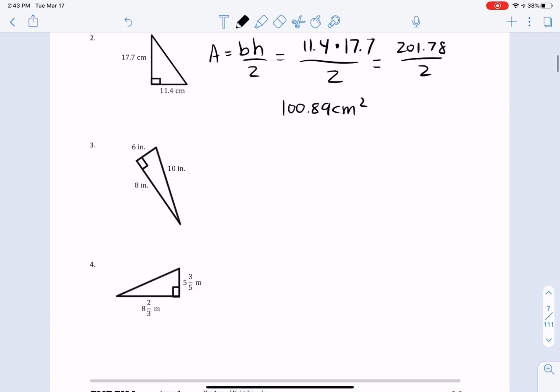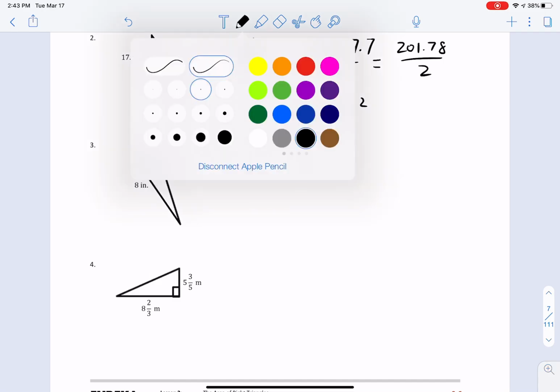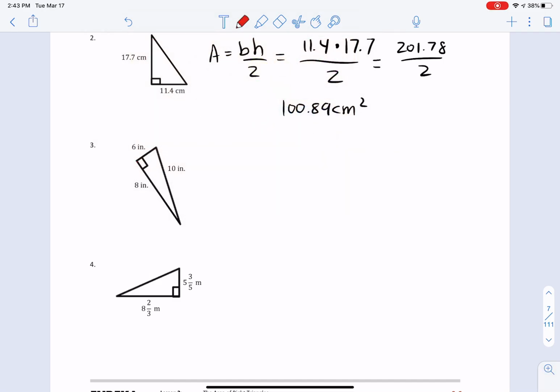Number 3, this one looks a little tricky, but remember, when we have our shapes, they could be in any direction. There's no restriction. So identifying the base and the height of this is going to be super important. But just imagine that we were able to turn this triangle on its side.